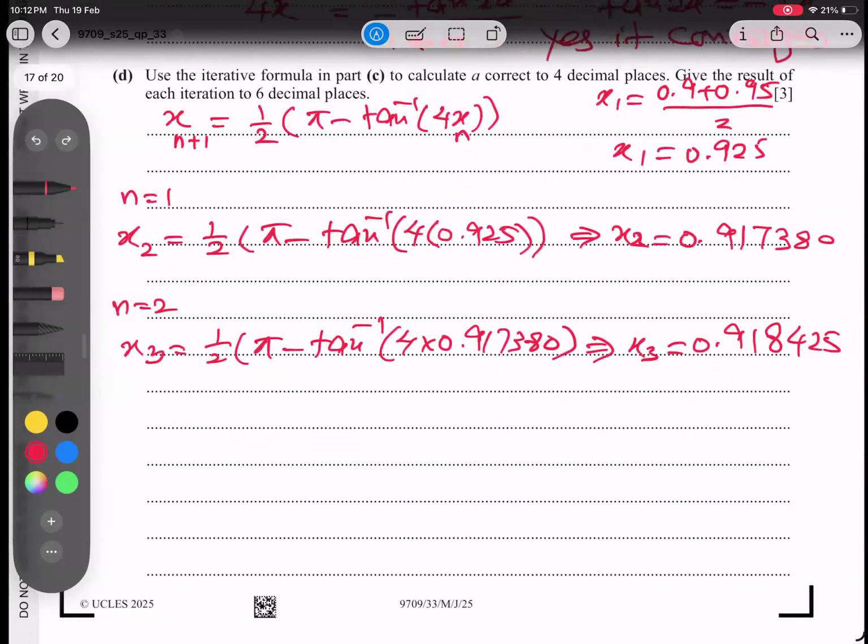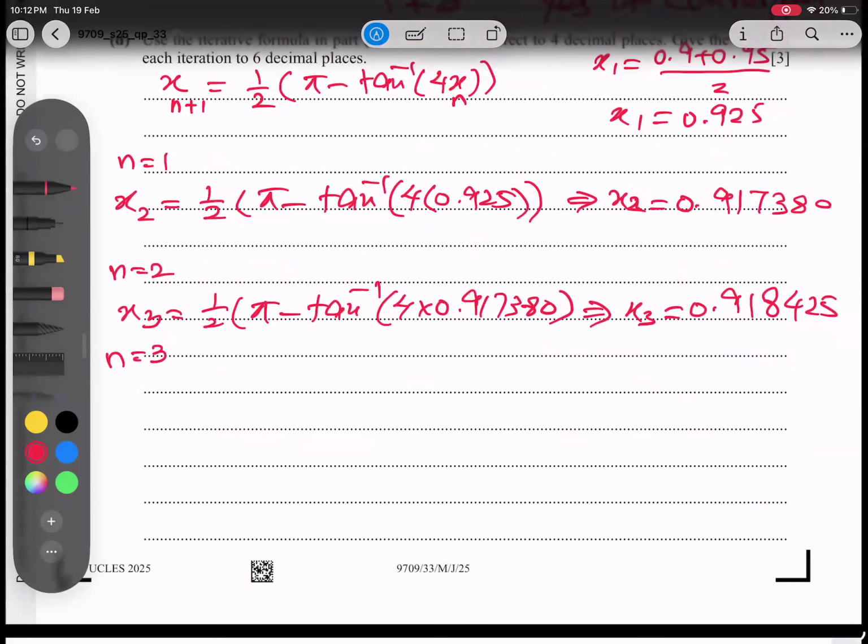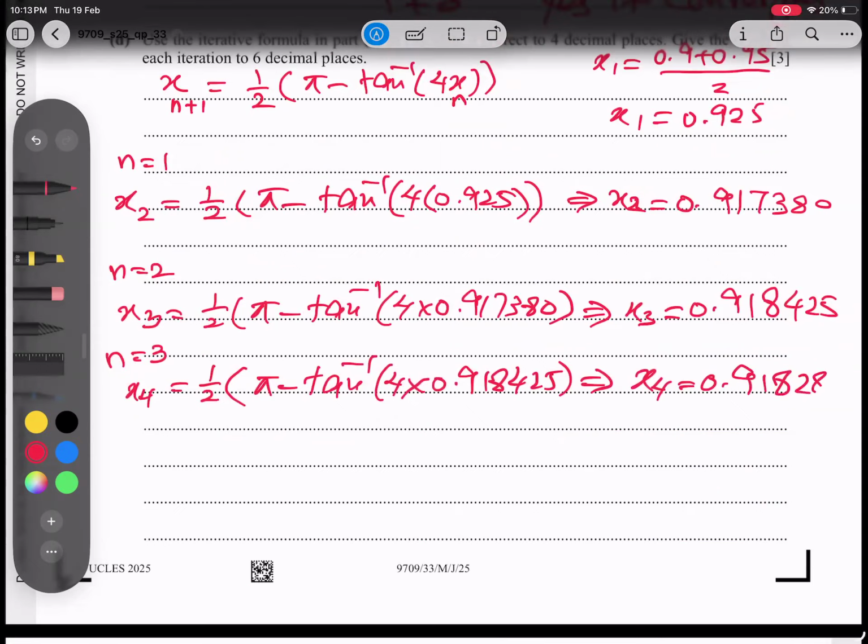So first I plugged in n as 1, now 2, and now 3. When I plug in 3 plus 1, it gives us x4. Half times pi minus tan inverse 4 times 0.918425. And let's see what the x4 value turns out to be. 0.918281. Yes, 6dp.